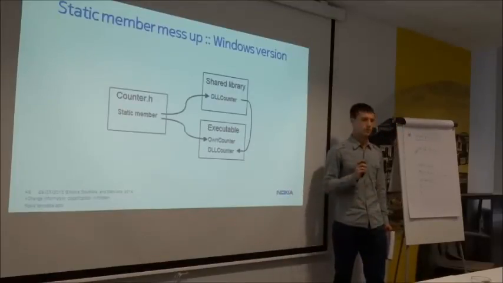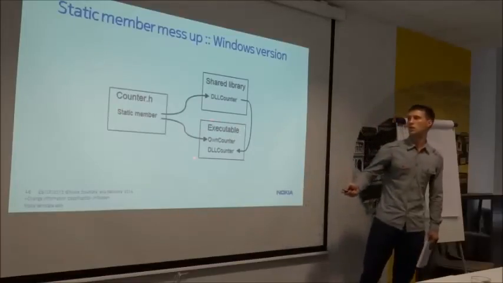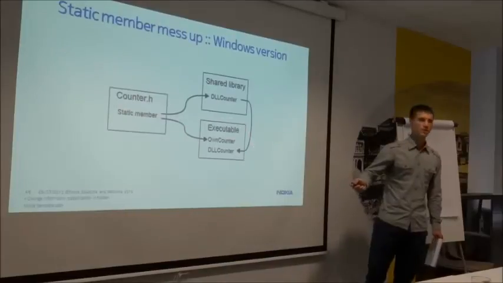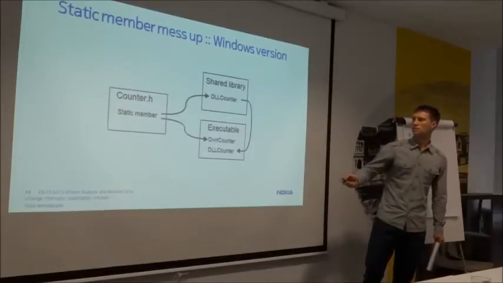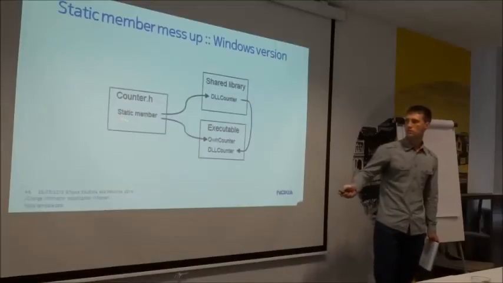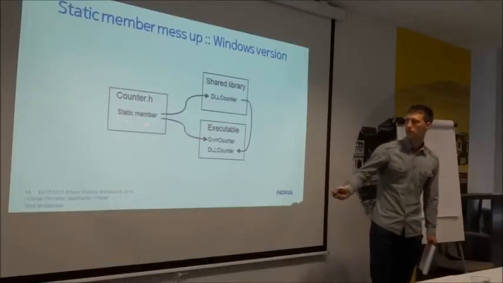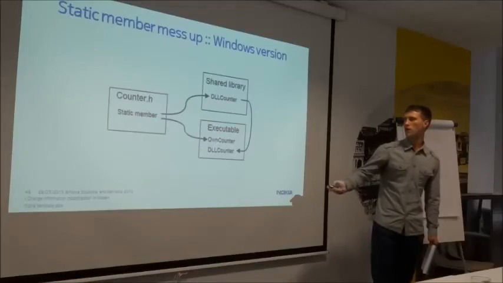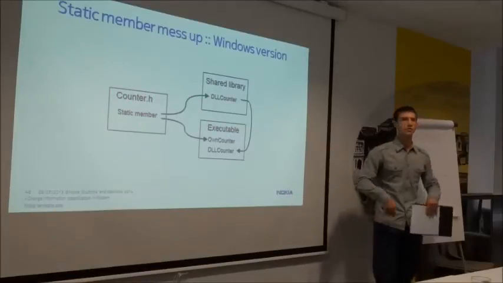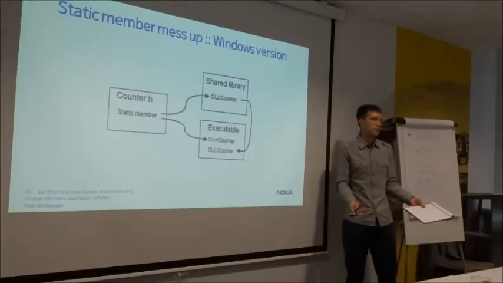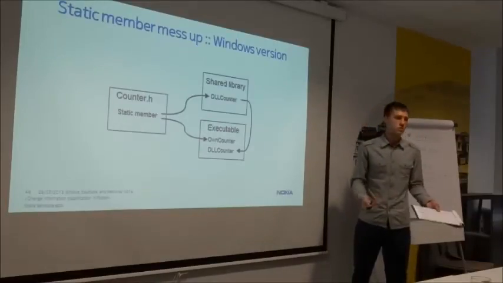Just to remind you, both the shared library and the executable were built separately, right? So in the executable, for sure we have our own counter, because we include this counter header, and the executable knows about the existence of this counter, so it is forced to create it because we will use it.